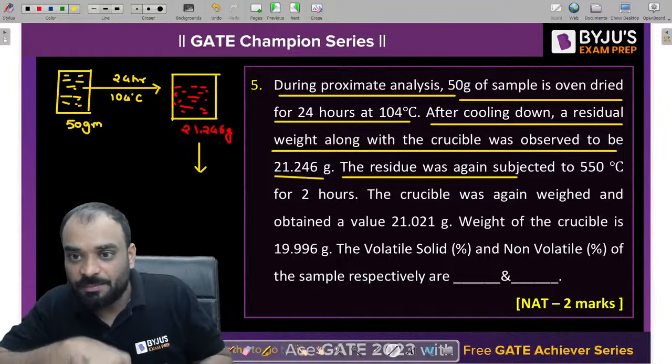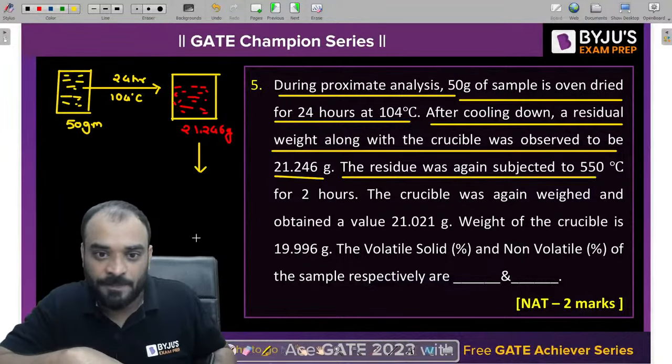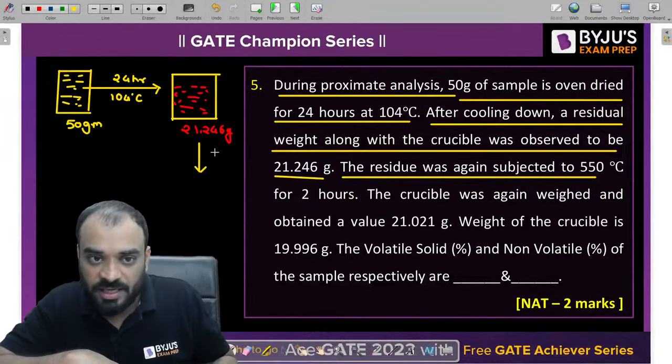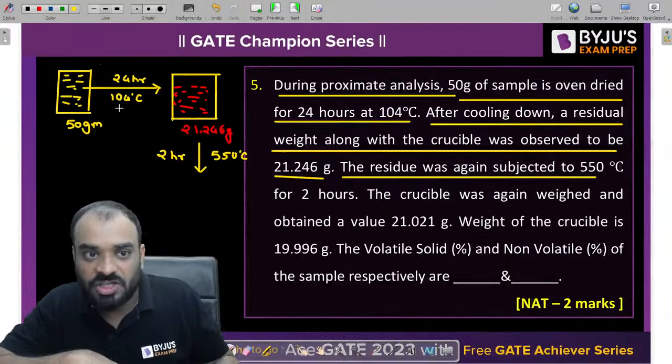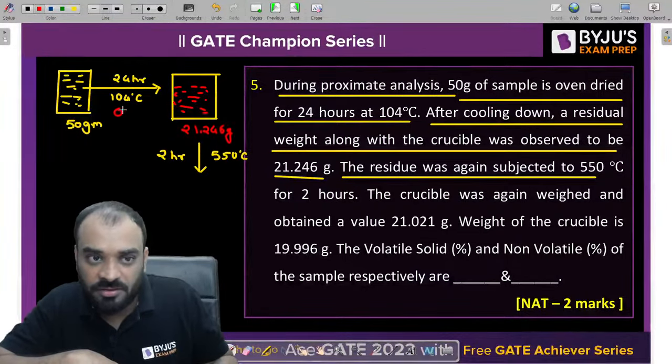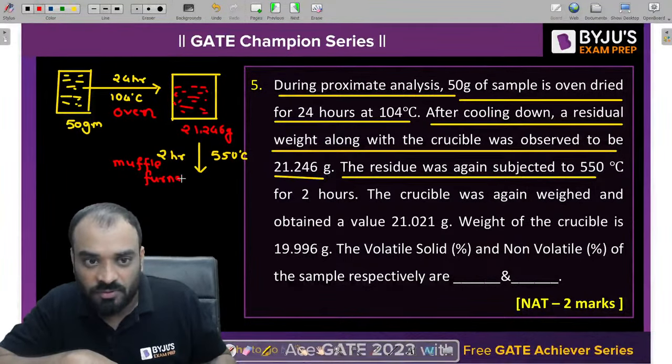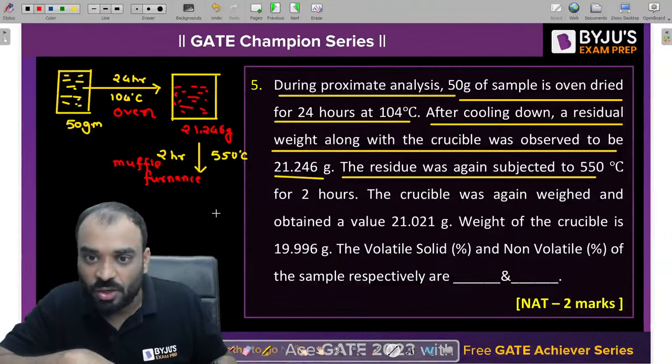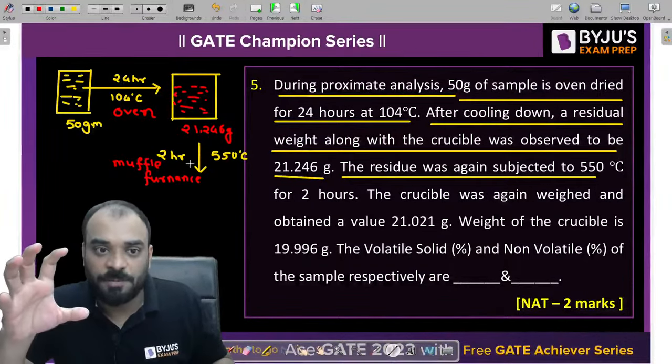Now this particular sample was again put in the muffle furnace at a temperature of 550 degrees centigrade for 2 hours, right? Initially it was put in the oven, then after that we put it into the muffle furnace. Now you need to check what the weight is after this process.